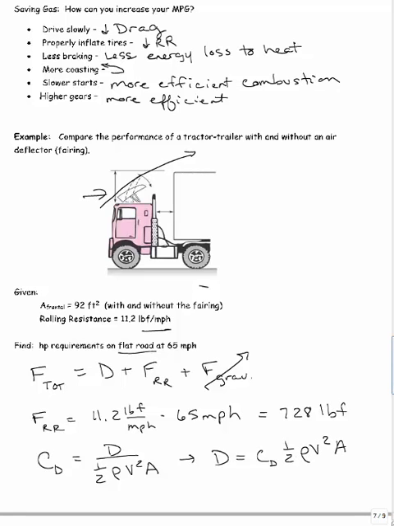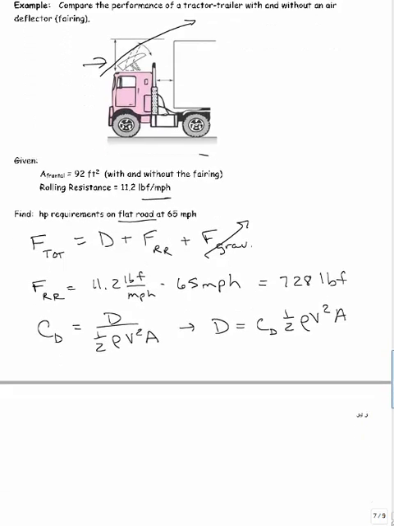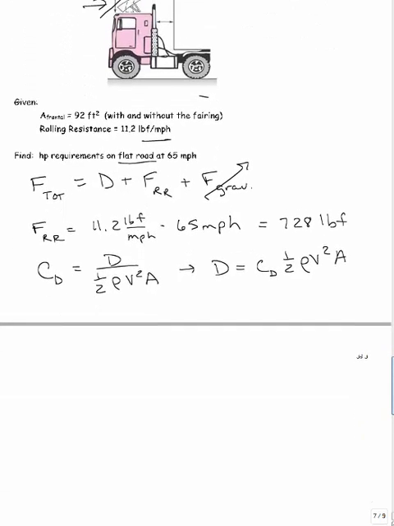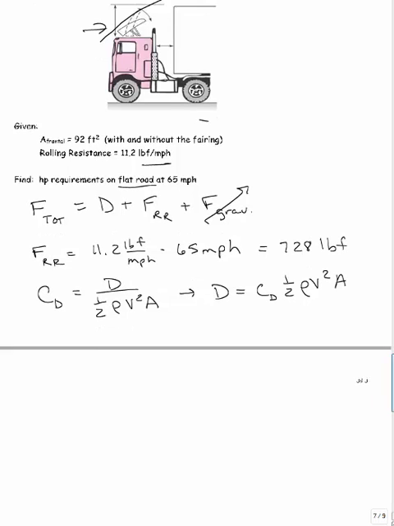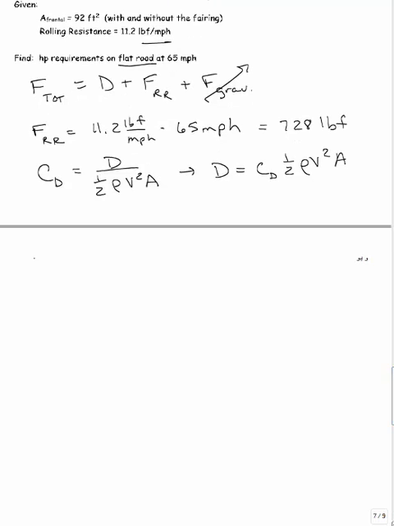Alright. So what you want to do is look up in the book. This is a 3D shape. You look up in the 3D table and there's this exact picture here, with and without the fairing, and you'll see CD from table 7.3.